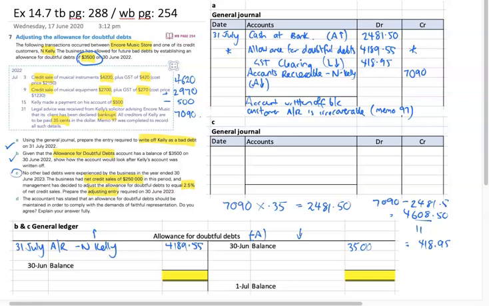Number C gets to the next period. We understand we have credit sales of $250,000 for the period, and 2.5% of them are estimated to end up being bad debts. We need to raise a new allowance for doubtful debts, and we need to work that out.